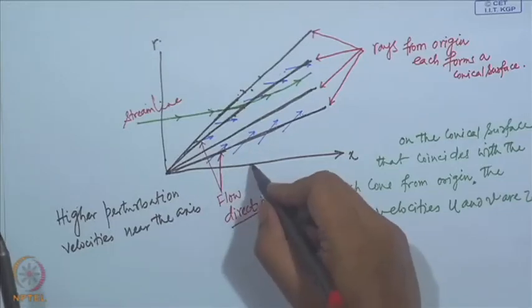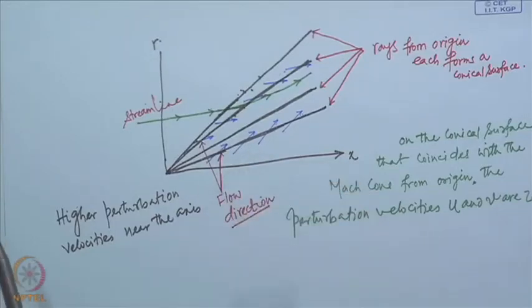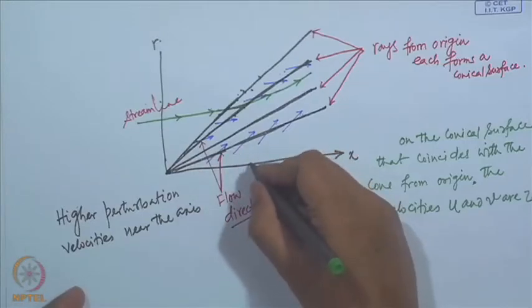So, we can have another streamline also originating from the origin.